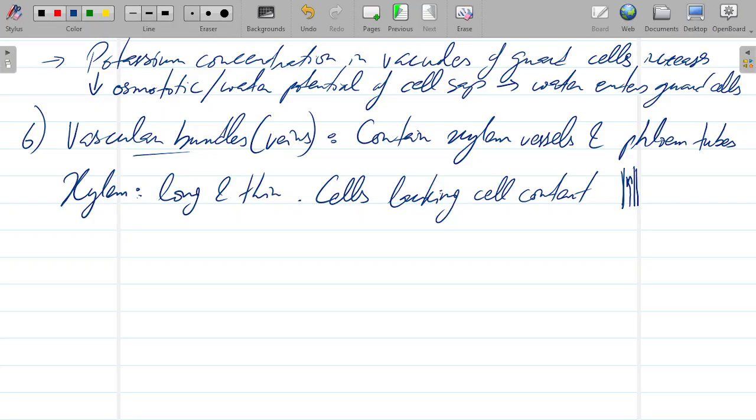And this happens when the cells are mature, and they also secrete a substance. Their cell walls are thickened with a substance that is called lignin.